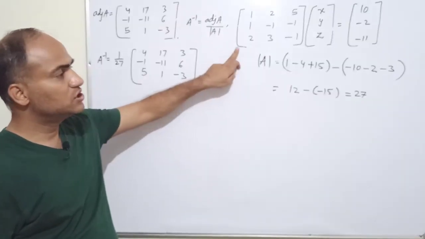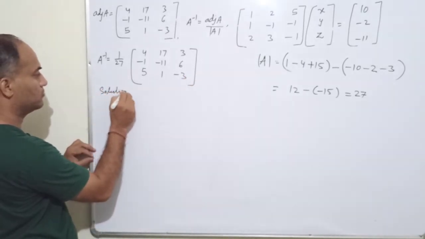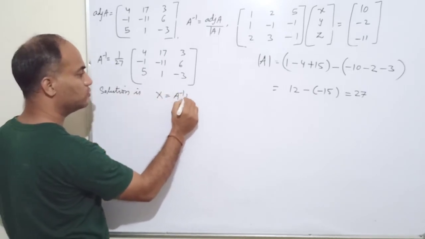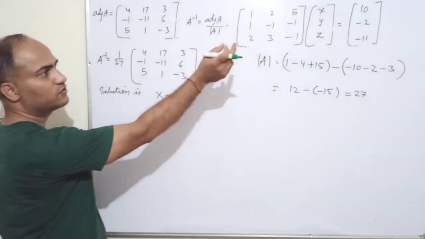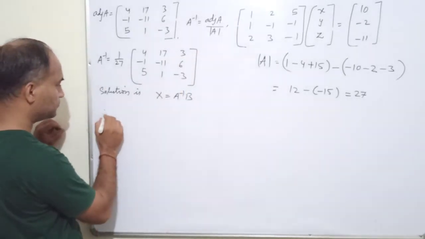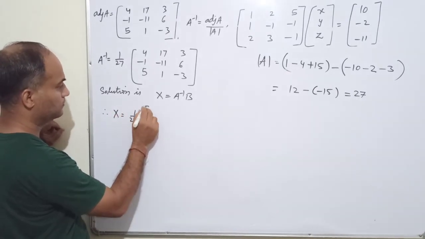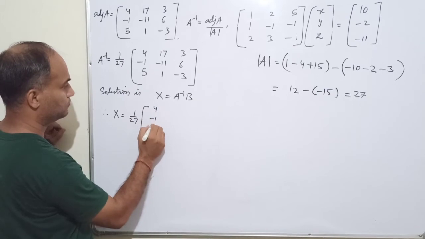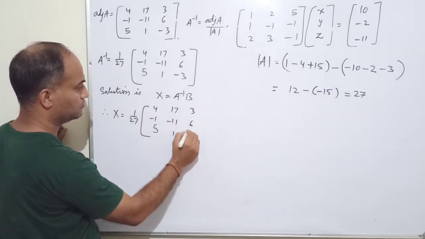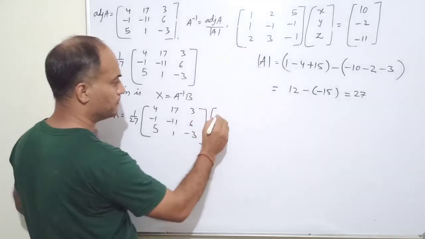Now the solution of these equations is given by X is equal to A inverse into B. So this value we have to multiply with the B matrix to get the answer. X is equal to A inverse into matrix B.